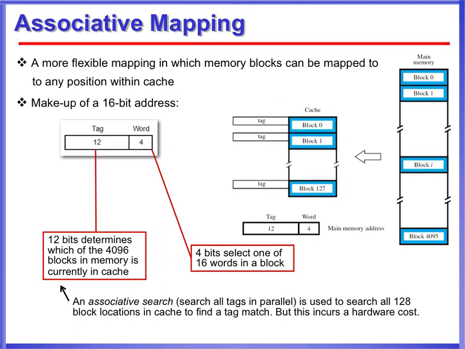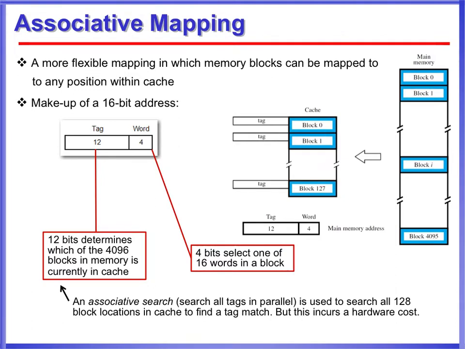But in this, so opposite end of the spectrum. So direct mapping, there's only one place in cache that a particular block can be copied to, right? There's only one. Associative, total opposite. They can go anywhere. So we've got the same example here, we've got the same main memory, 4,096 blocks, but we don't have to group them now, because any one of these blocks here can go to any one of the blocks in cache.